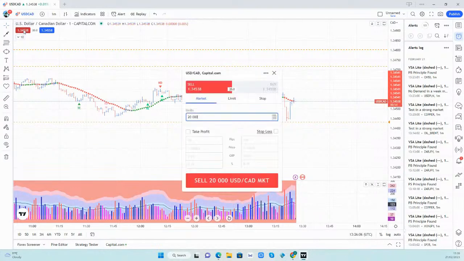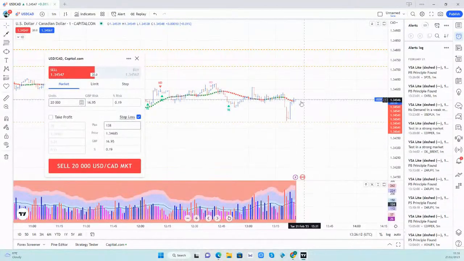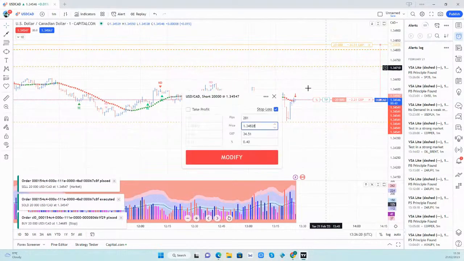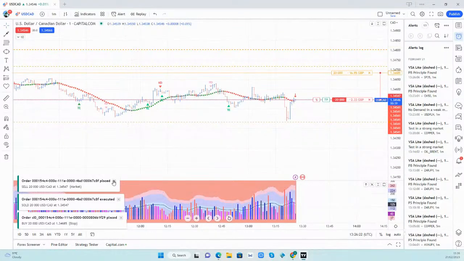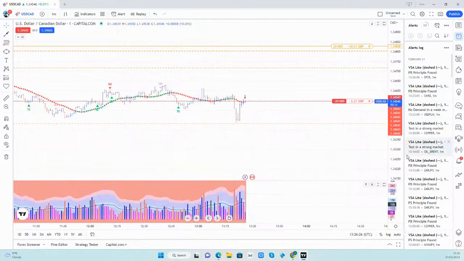Okay, so what I'm going to do, I'm going to put a small amount in, not a lot, on an up bar, and I want to actually put it there because it's going to be in the news coming out. Don't want to get stopped out, so I've just gone short.